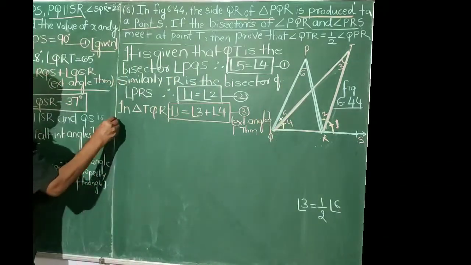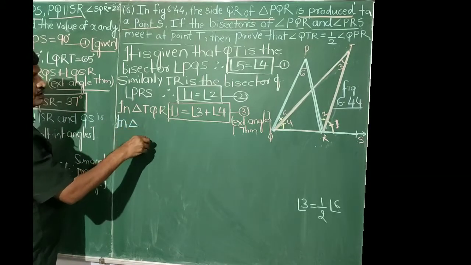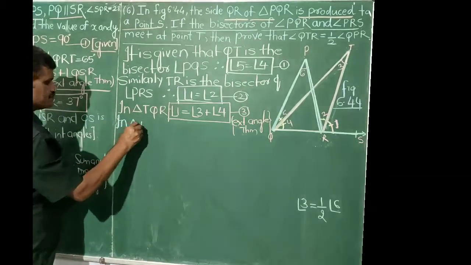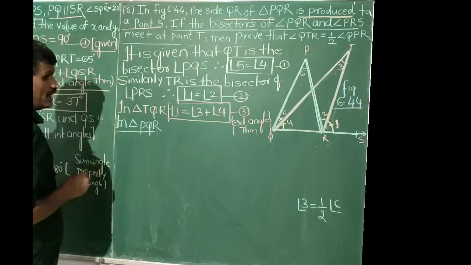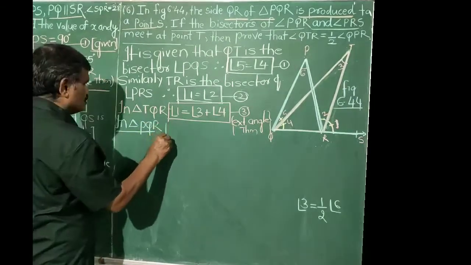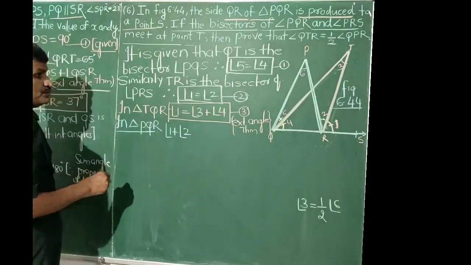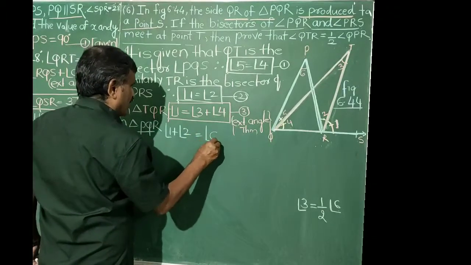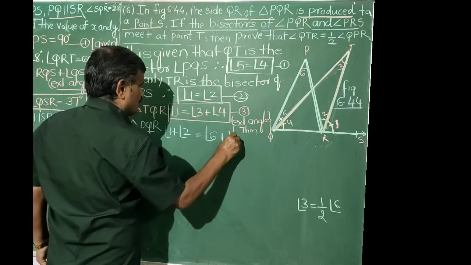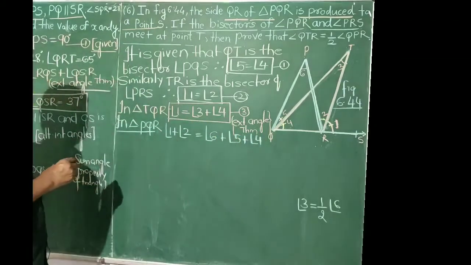So what can I write? In triangle PQR, angle 1 plus angle 2 is equal to angle 6 plus angle 5 plus angle 4.